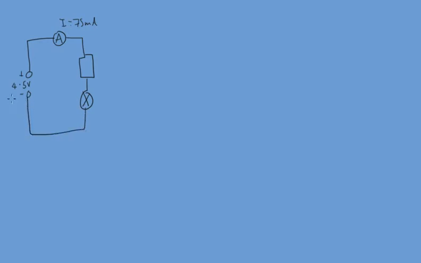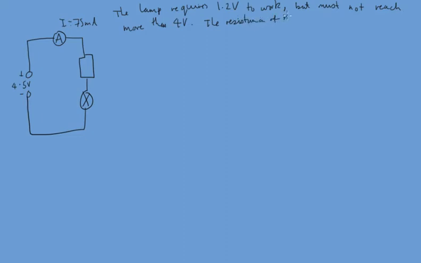So the lamp requires 1.2 volts to work, but must not reach more than 4 volts or it'll be damaged. The resistance of the lamp is 10 ohms.